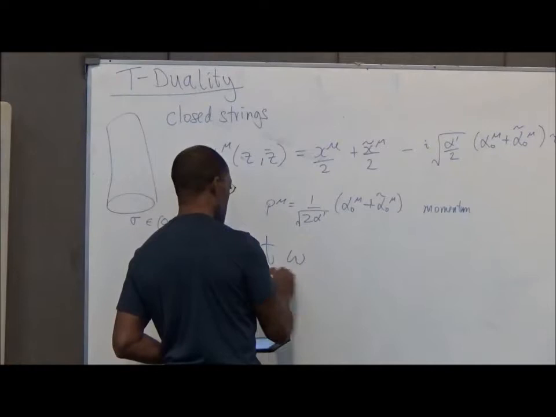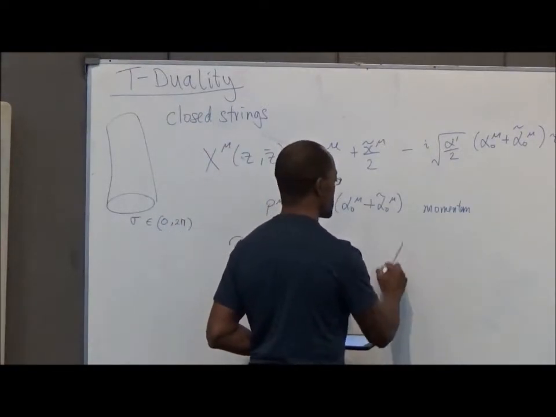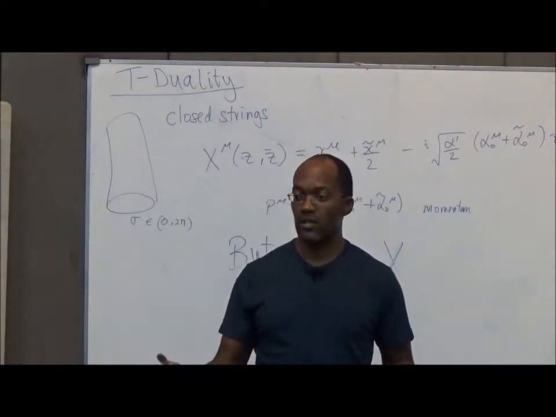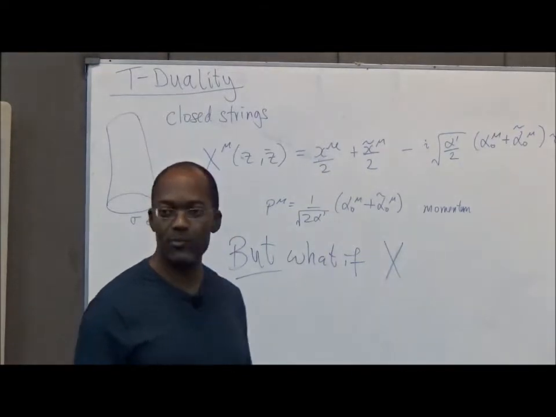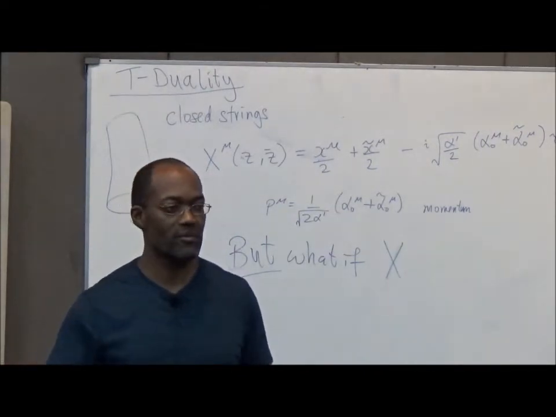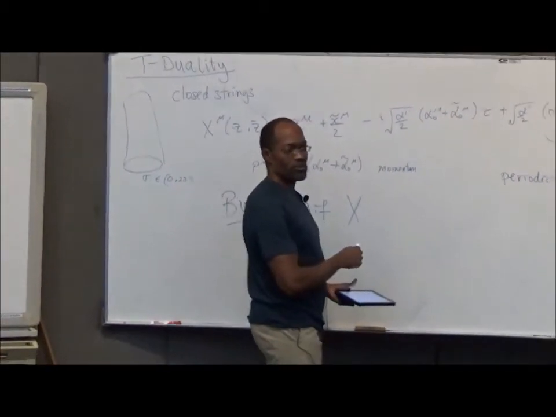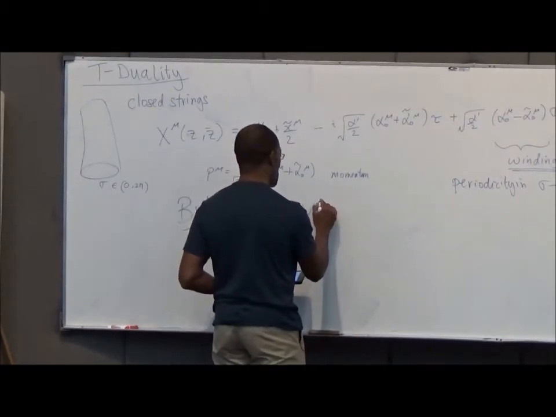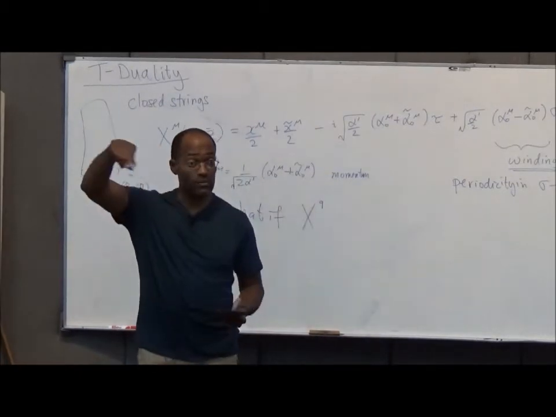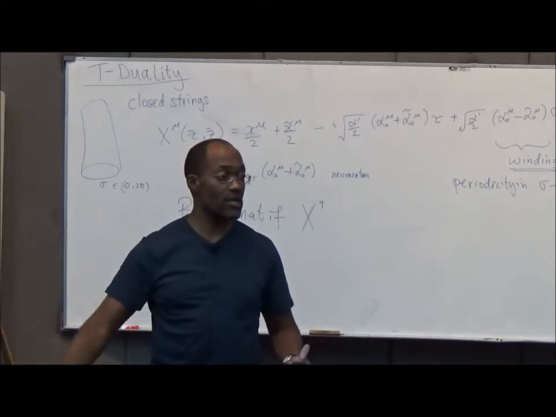What if x, let's pick a direction. I want a spatial coordinate. Let me pick the 9th direction, just to make life easier, because it's in my notes. What if x9 was wrapped on a circle? So I have this 10-dimensional space-time.